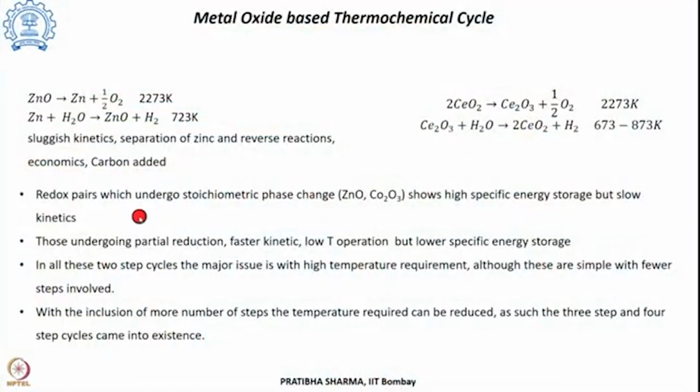Now it was observed that some of the redox pairs of these metal oxides which undergo complete stoichiometric phase change, like zinc oxide or cobalt oxide, have high specific energy storage, but the kinetics is slower. For those metal oxides which undergo partial reduction, the kinetics is faster and they involve low temperature operation, but the specific energy storage is comparatively lower.